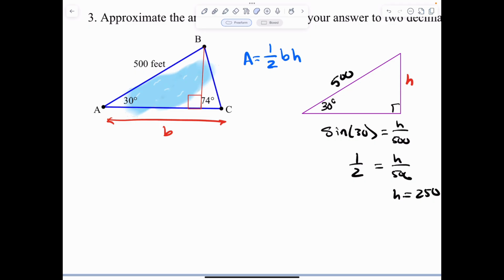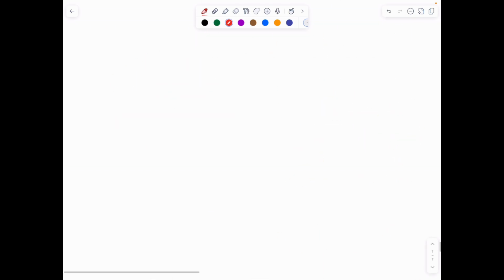Let's see, slide that over a bit. Okay, so I need to know the base now. And to get that base, I'm going to use the law of sines.